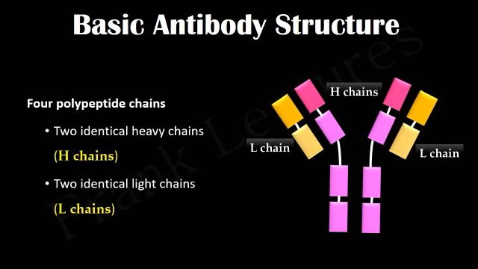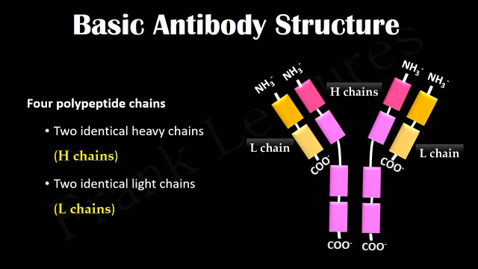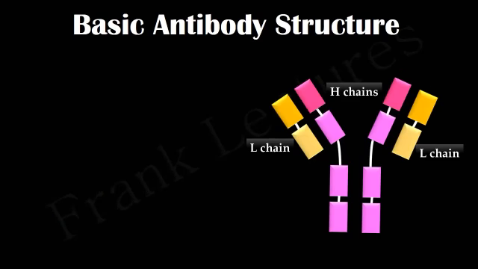Heavy chains have more molecular weight than light chains. Now, since these are polypeptides, the N-terminal of each polypeptide chain is present at the tip and the C-terminal is present at the base. As you can see in this image, these chains are assembled into a Y-shaped structure.